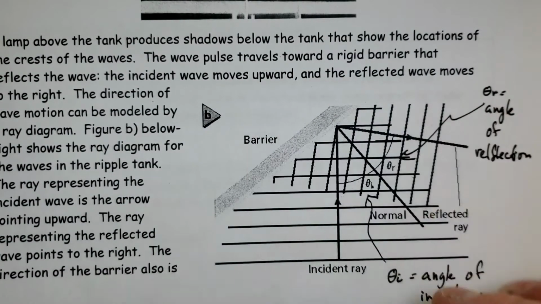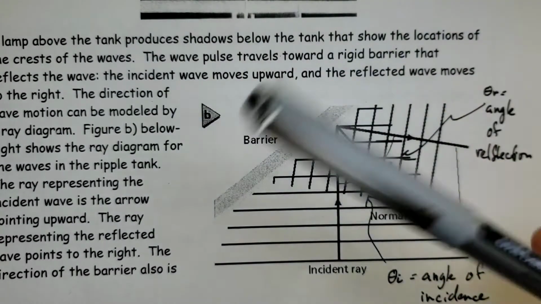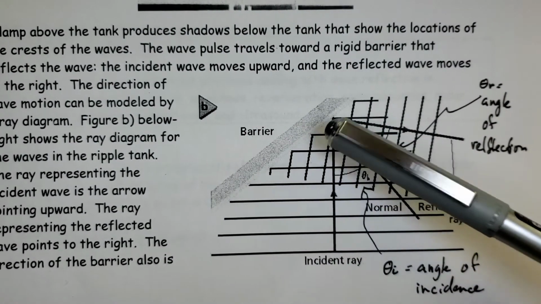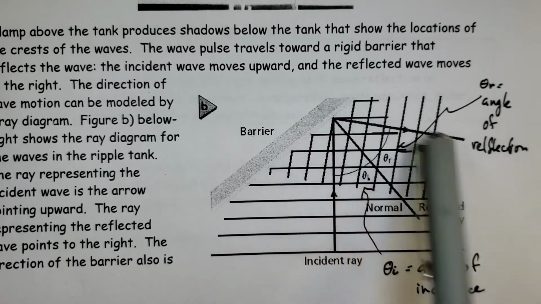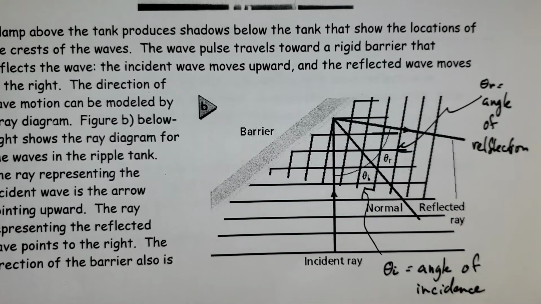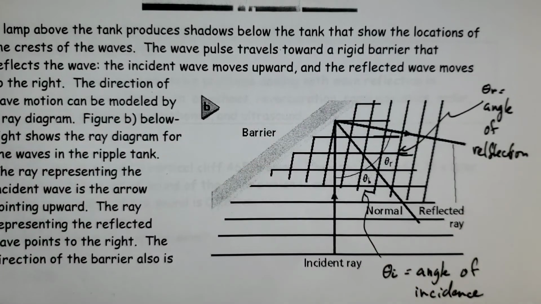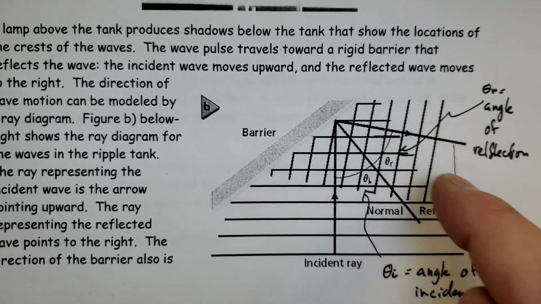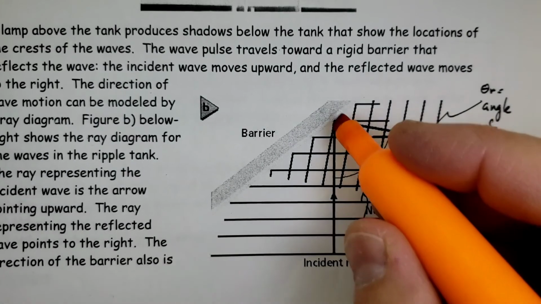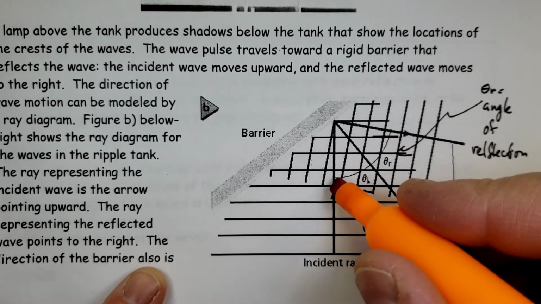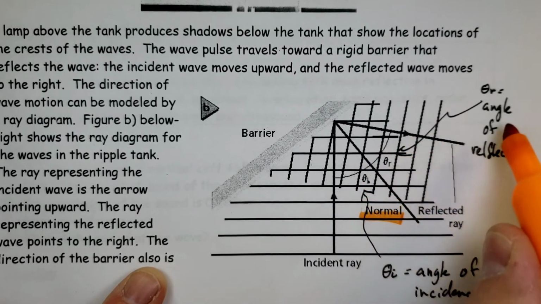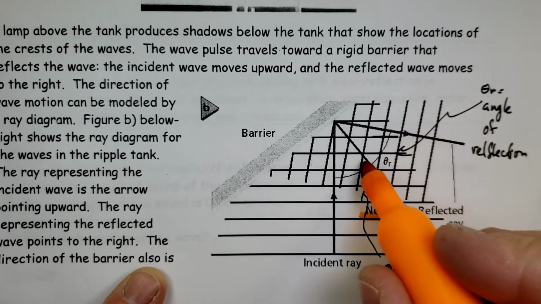So you have your waves, your incoming waves and your outgoing waves, your reflected waves. The incident ray shows the way in which the incident waves are coming in. The reflected ray shows how the reflected waves are exiting. And then you have the angle of incidence and the angle of reflection, which correspond to the angle between the incident ray and the normal, and between the reflected ray and the normal.